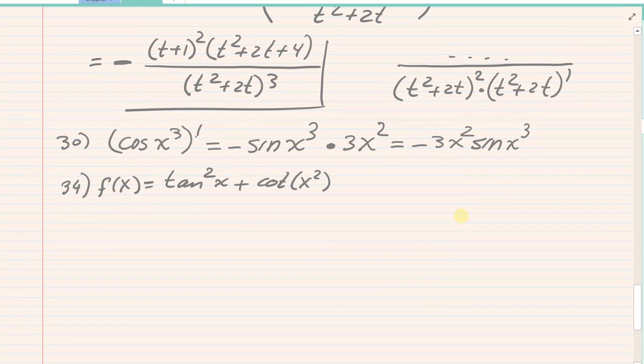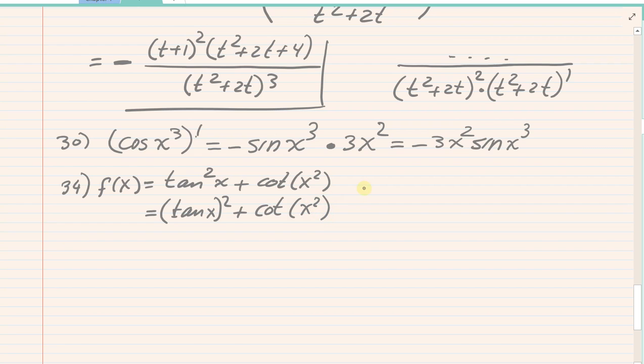Now the first one, you can rewrite tan squared x like that as tan x quantity squared, right? So we have the power. And then the second one, you actually have cotangent of a power.